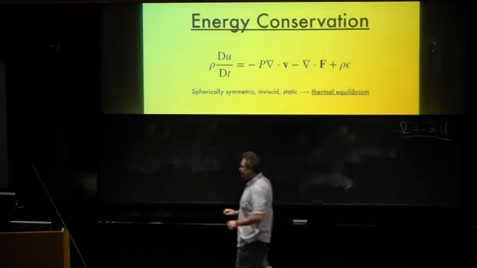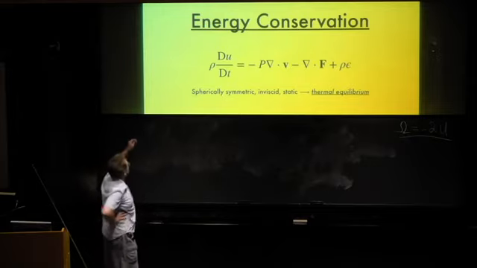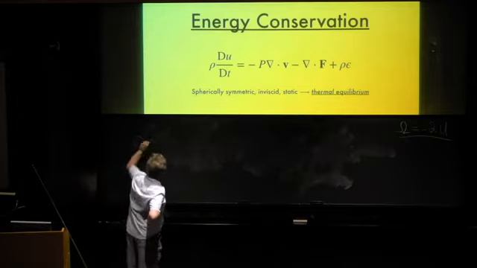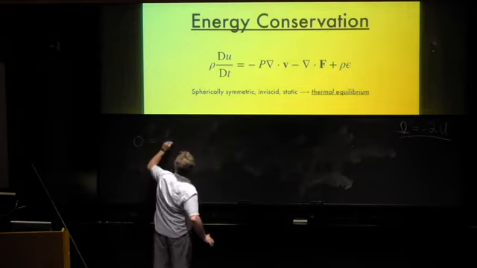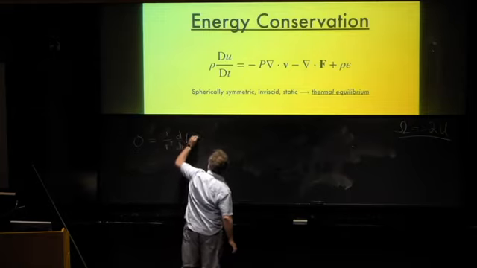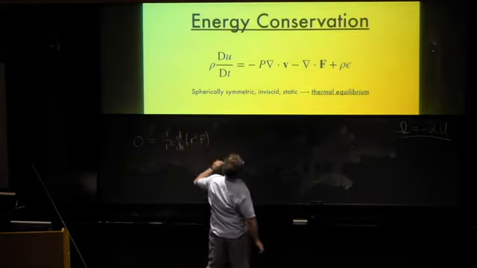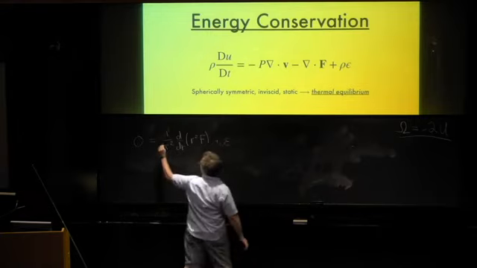That just leaves the flux term and the epsilon term. So we have 0 equals, let's write down the flux term. In spherical symmetry, the divergence operator looks like this. And then we have this epsilon term, and I left out a minus sign there.